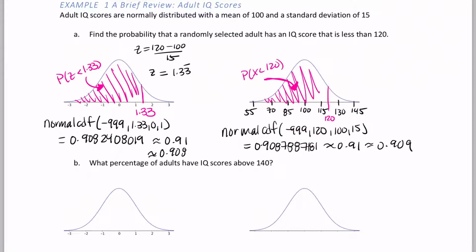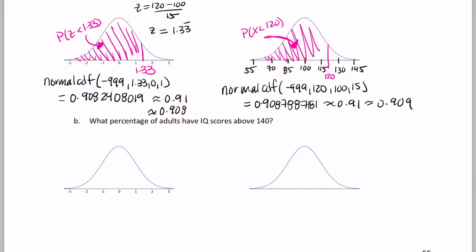Let's look at part B. What percentage of adults have IQ scores above 140? Again, let's start by converting 140 to a z-score. So that would be here.